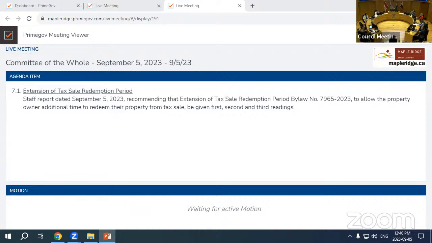Good afternoon. I'm here to present a report for proposal of a bylaw to extend the redemption period of a property sold at tax sale last year. This bylaw extends the tax sale redemption period of a property for an additional year from October 3rd, 2023 to October 3rd, 2024. This will allow the property owner additional time to redeem their property from tax sale.